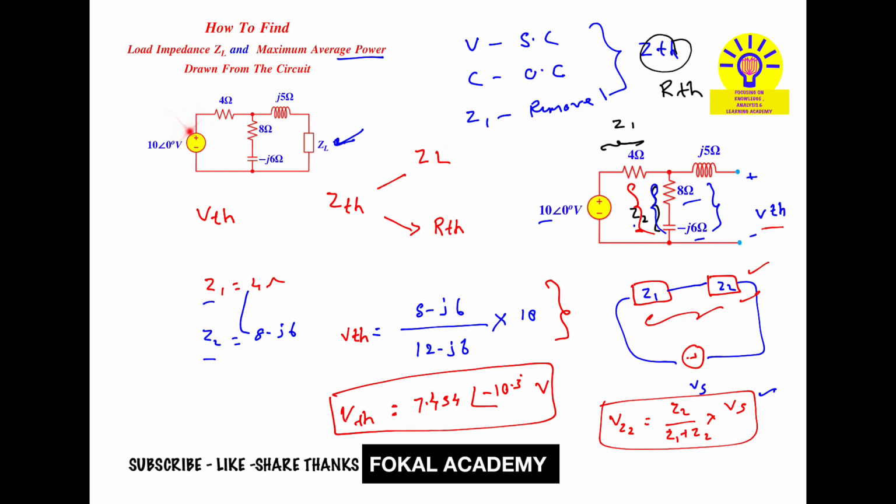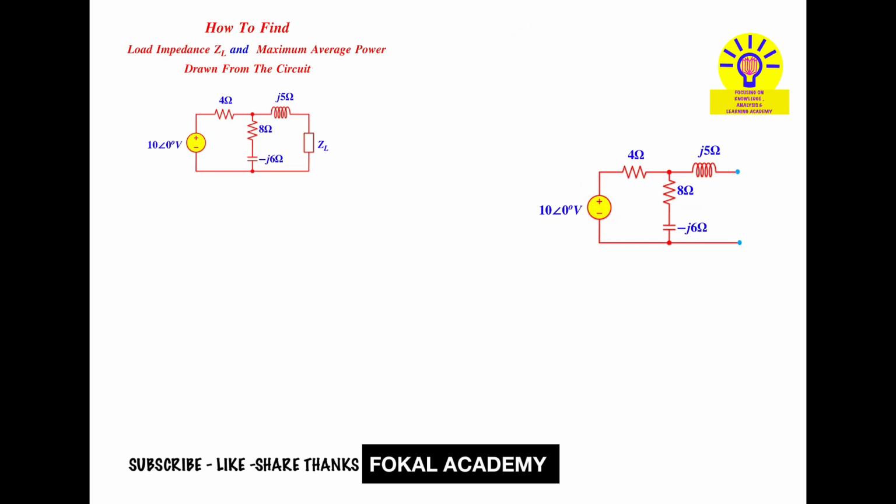Here only one voltage source is there, so make it a short circuit. Then the circuit will become like this, because this circuit was used for finding VTH. Now in the circuit, make the source voltage a short circuit. From this we get ZTH, the overall impedance. Here the 4 ohms is in parallel with this branch, and again in series with this branch.